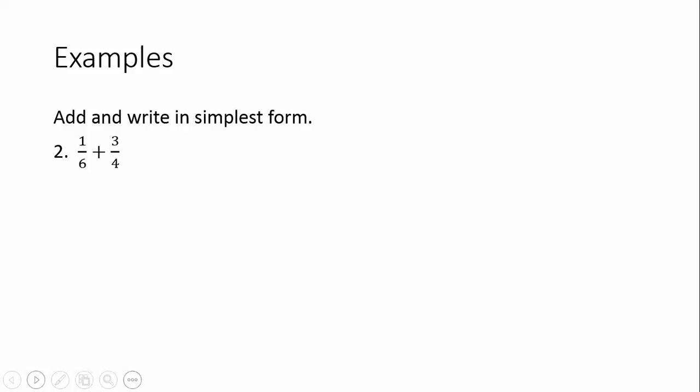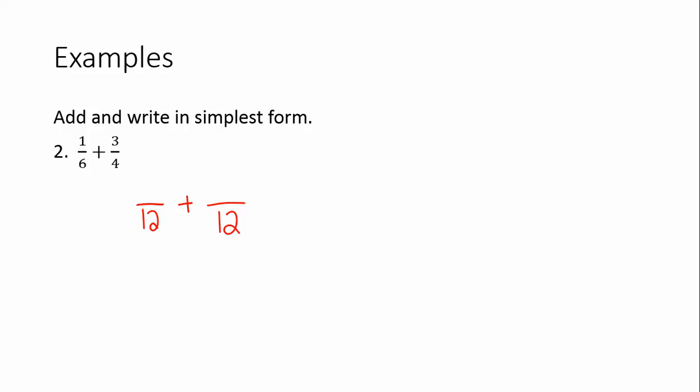While you could get a common denominator of 24, you can get a smaller common denominator. You're looking for a number that both 6 and 4 divide evenly into, and you may be thinking 12.